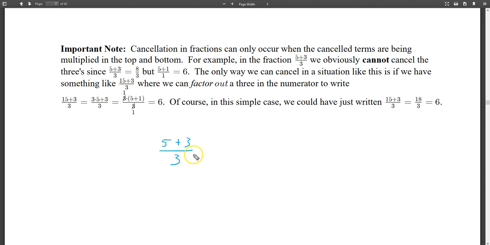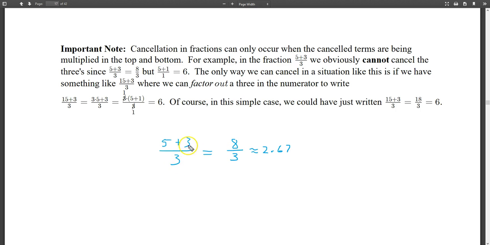If you tried to do that, you'd get the wrong answer. Notice that 5 plus 3 over 3, of course, is 8/3, which is approximately 2.67. If you evaluate that on the calculator, 2.666 repeating.